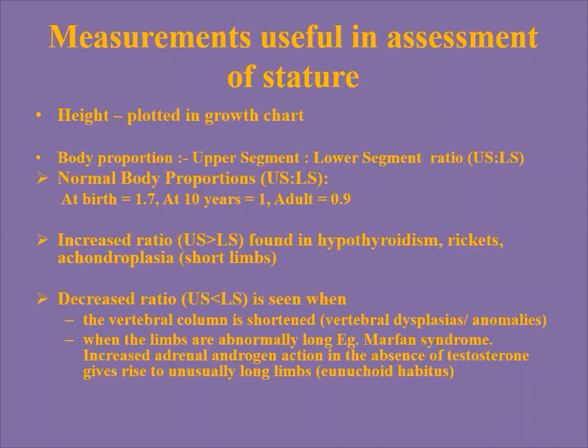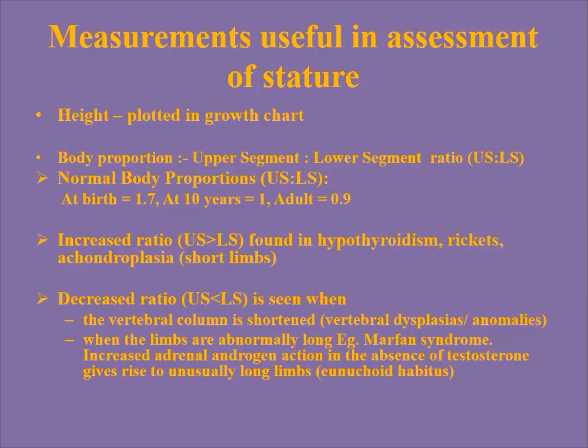Then body proportion. When we speak of body proportion, we speak in terms of upper segment to lower segment ratio, US to LS ratio. The normal body proportion changes gradually from birth till adulthood.